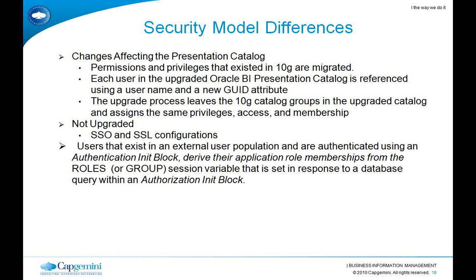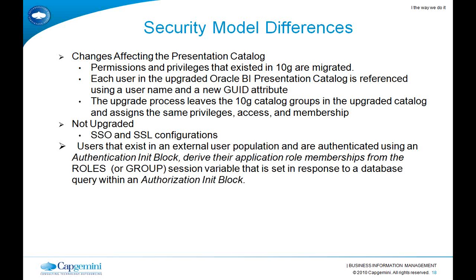Each user in the upgraded catalog is referenced using the username and GUID. The GUID attribute is an LDAP attribute, and it's kind of like a reference ID. Keep note of this.